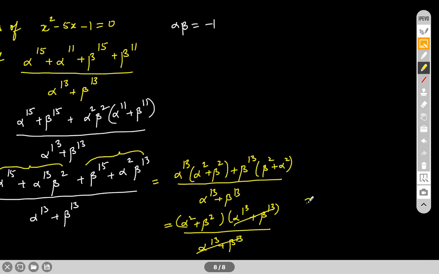Alpha square plus beta square is nothing but alpha plus beta whole square minus 2 alpha beta, which is 25 minus 2 into -1, so answer is 27. Quite interesting question.